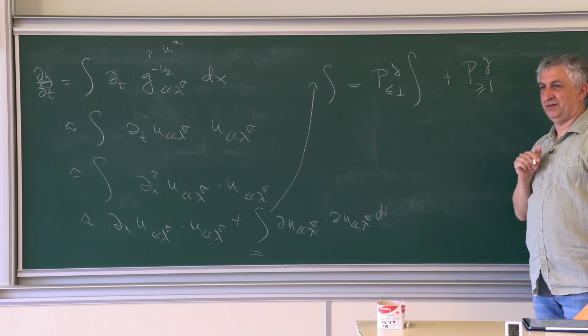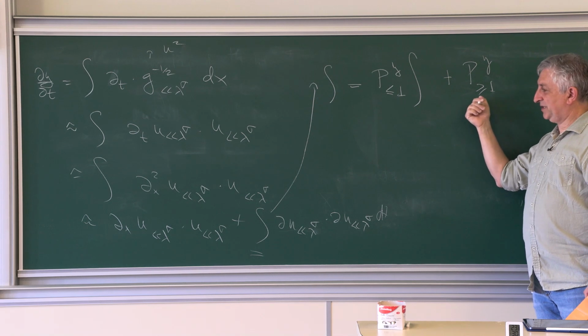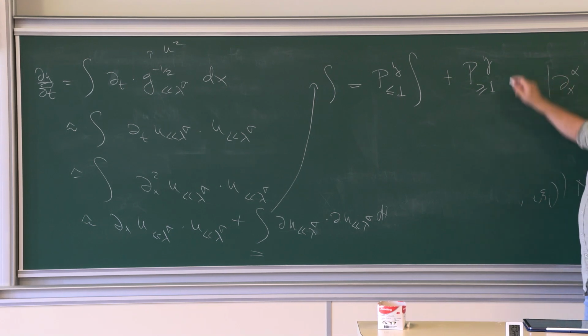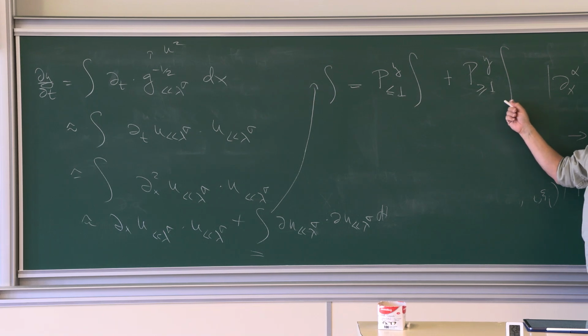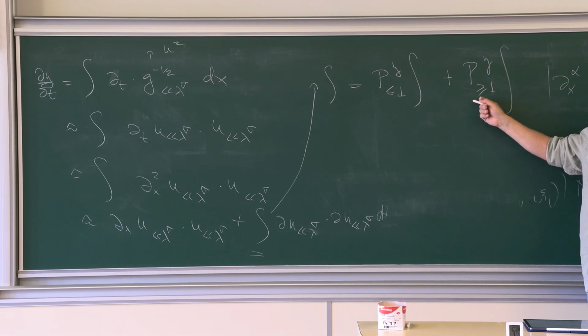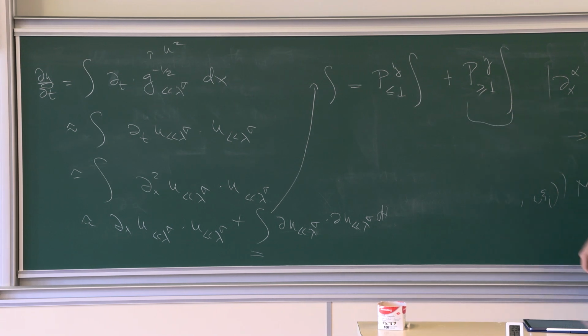And now, we're trying to decide what to do with these two pieces. This is also with the integral. So here I'm integrating, but I'm integrating something that's at frequency larger than 1. This is harmless, right? This gives me morally an integrable kernel.